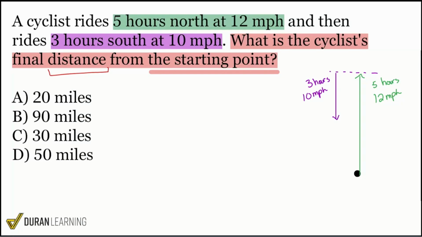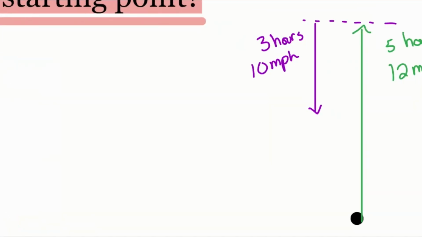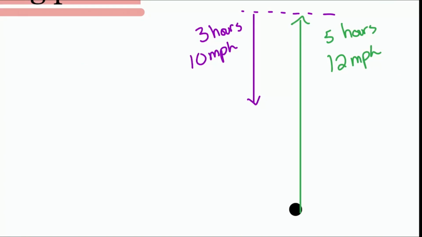But the reason we're going to subtract is because we want to know, let me zoom in here, how far away our cyclist is from this spot here. We want to know this distance. We don't want the distance from here all the way here, and we certainly don't want to add this here and this here.